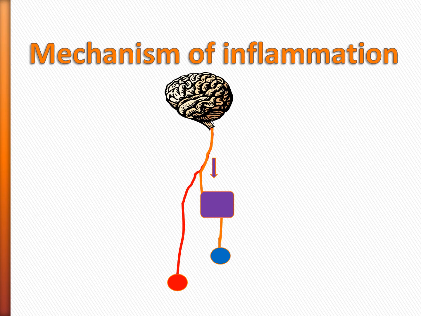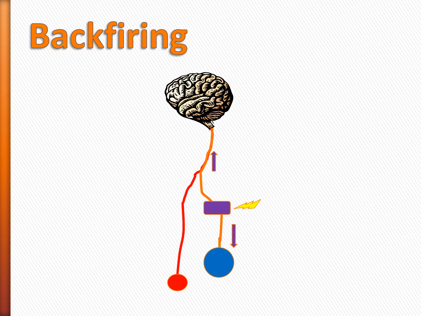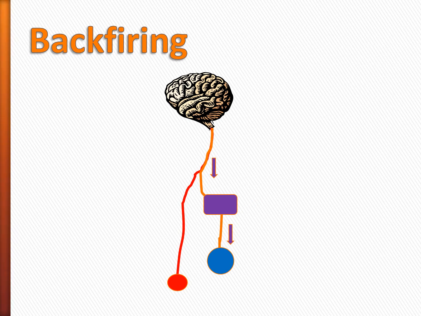That is a normal mechanism. For backfiring, as you see, this structure is stimulated, and a signal is sent back to the structure, but at the same time it goes down along the same axon and causes the distal part to become inflamed. This is known as backfiring.